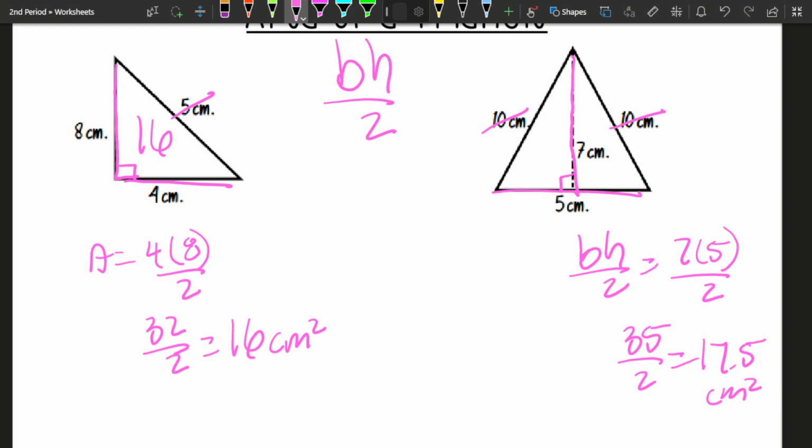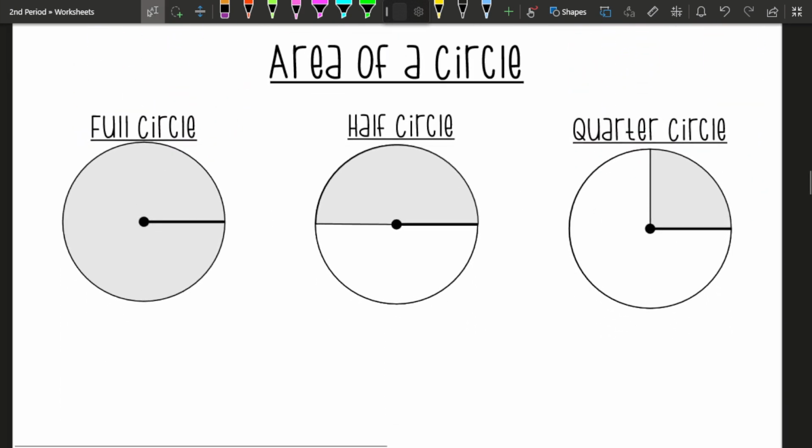So we covered so far rectangles and parallelograms, trapezoids, triangles. What do you think we have left? Circles. So right here, circles. We have full circle, half circle, or semicircle. This is also called semicircle.